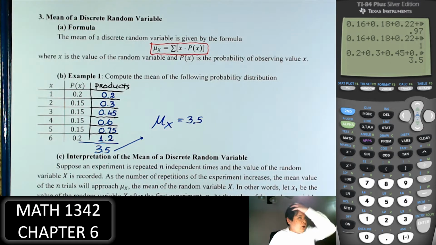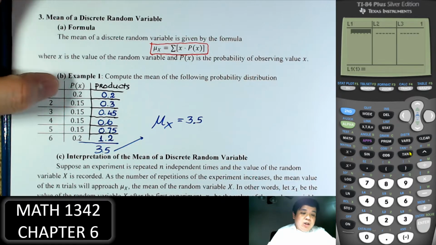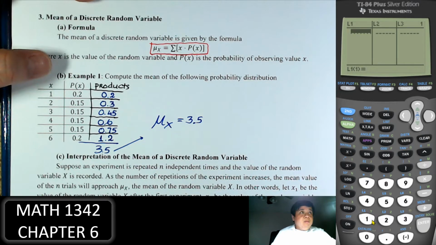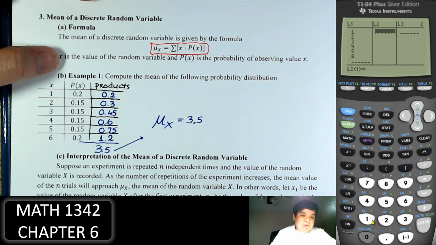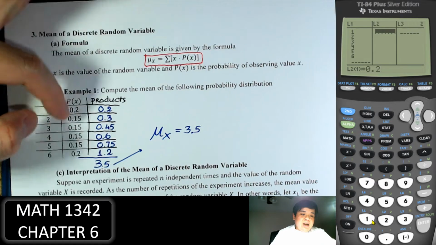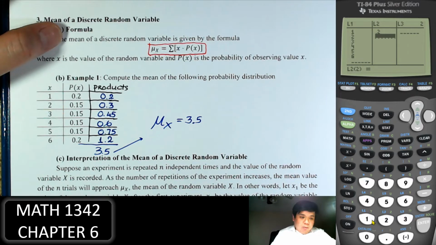Right. Now if we use a calculator, there are a lot of ways to do this. We hit stat, edit, enter, and we have the two lists. The first list is for the values, the second list for the probability.